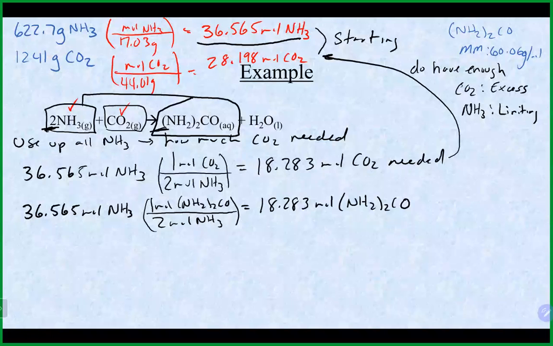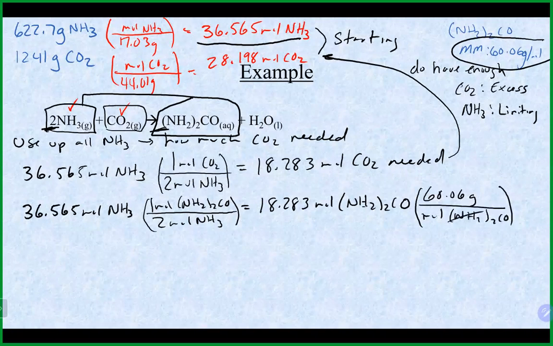So we're going to use the molar mass, which in this particular problem was given to us. And again, if it wasn't given to you, you would have to go to the periodic table to add up all the parts. So doing the last step here, that is going to be 60.06 grams per mole of our product, which is the molar mass from the periodic table. Those guys will cancel.